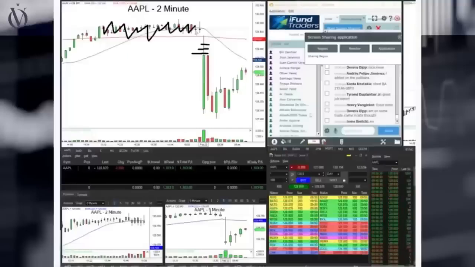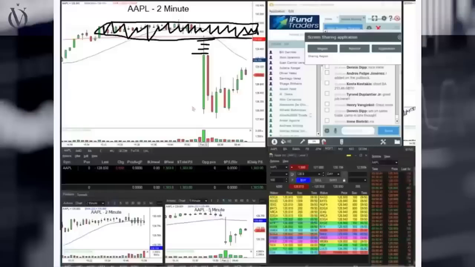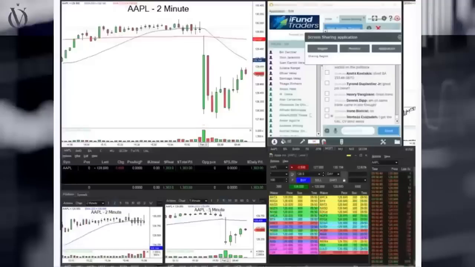Oh my God, this bad drawing. Getting the orders up in the ceiling area before it gets there. Boom. Right? Same thing taking profits.